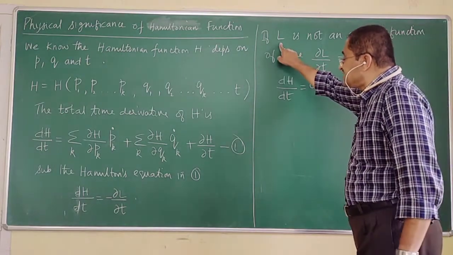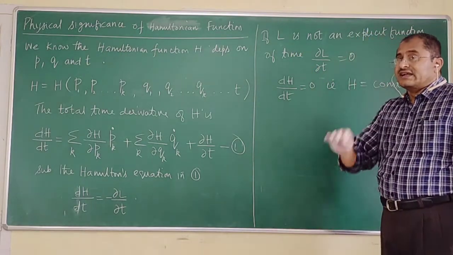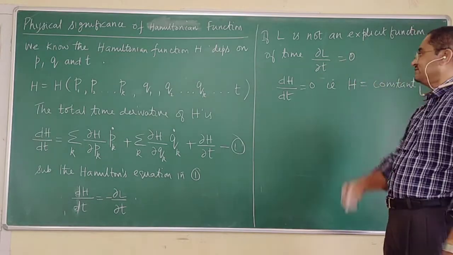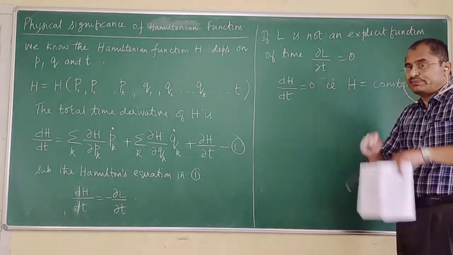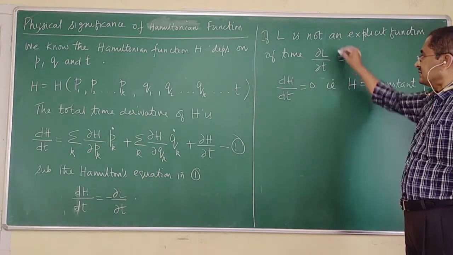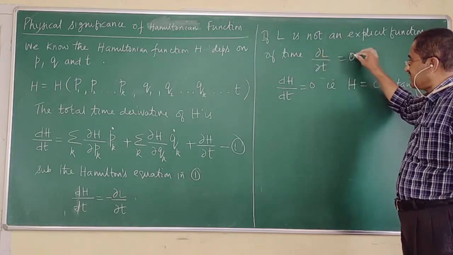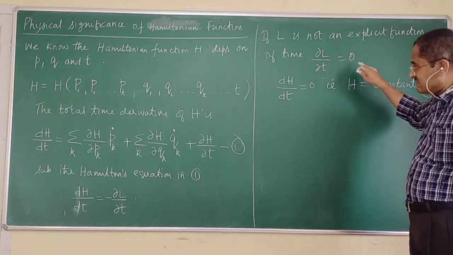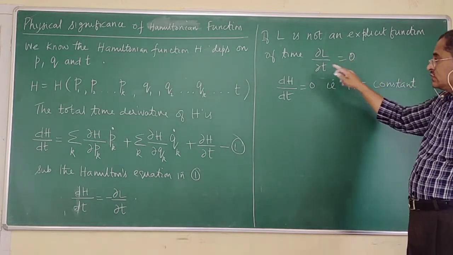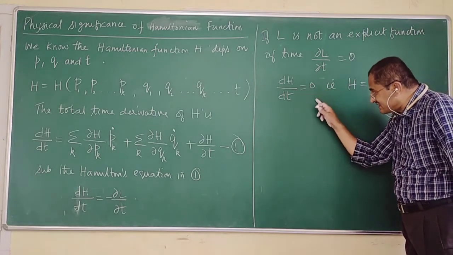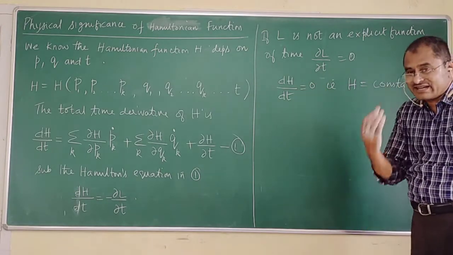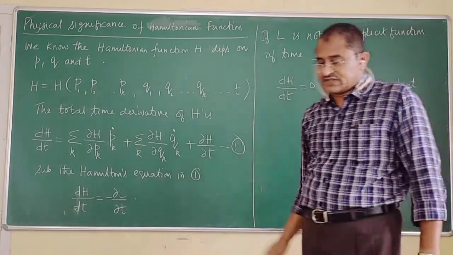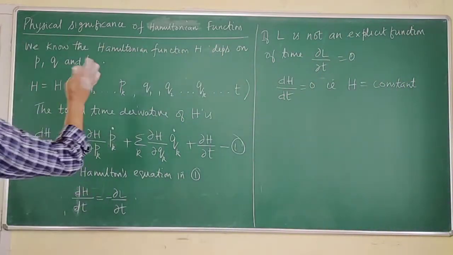If the Lagrangian L does not depend on time explicitly, then ∂L/∂t becomes 0, dH/dt becomes 0, and mathematically it means H is a constant. That is what I meant.